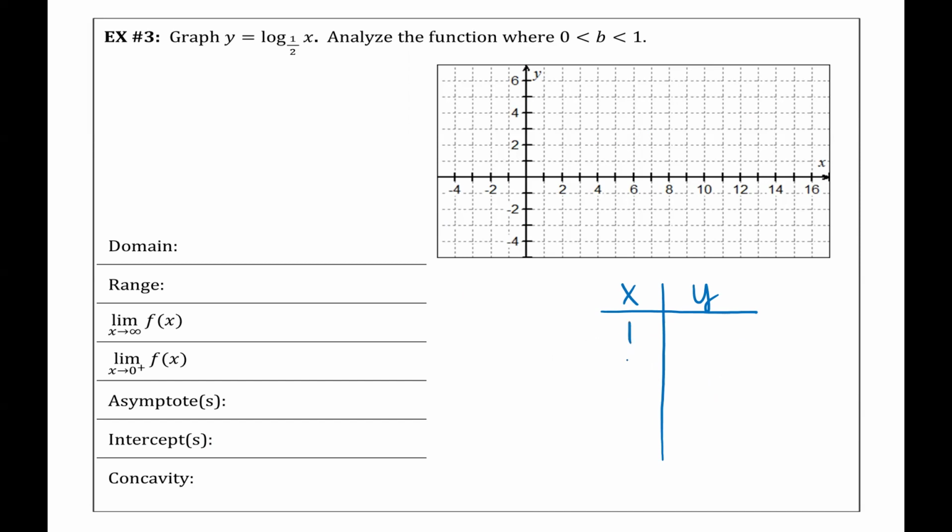Yeah. 1, 2, 4, and 8. Okay. But what do you think can happen to these values as 1, 2, 4, and 8? They're changing. But how do you think they change?